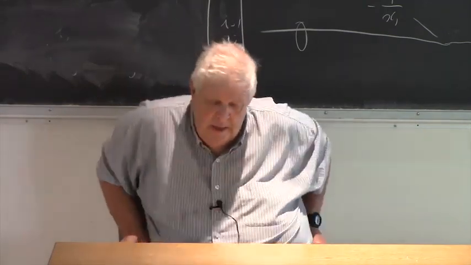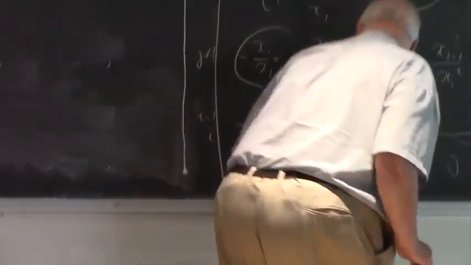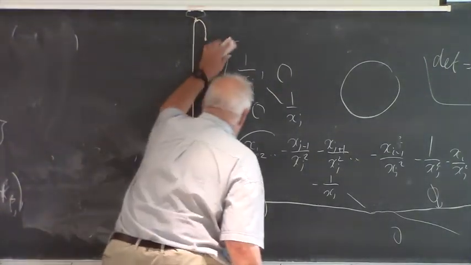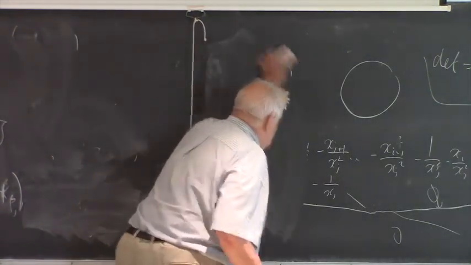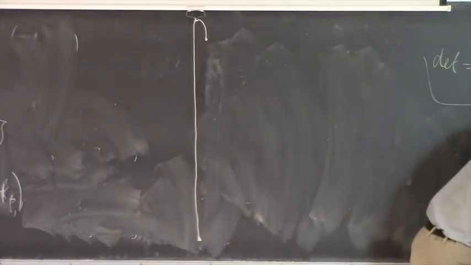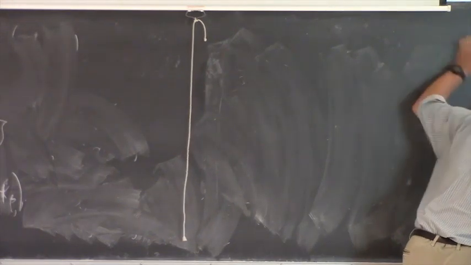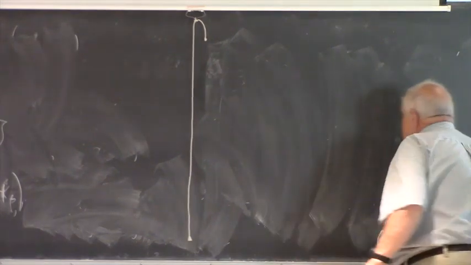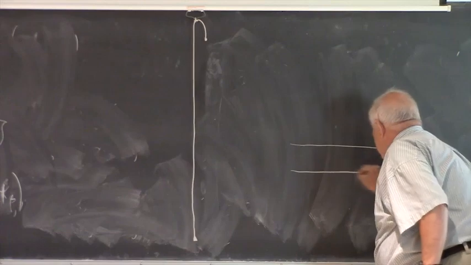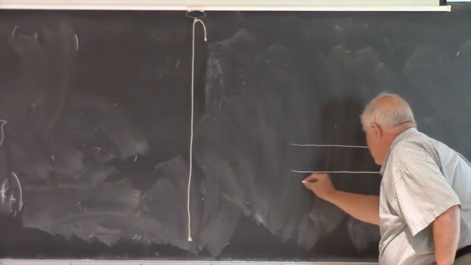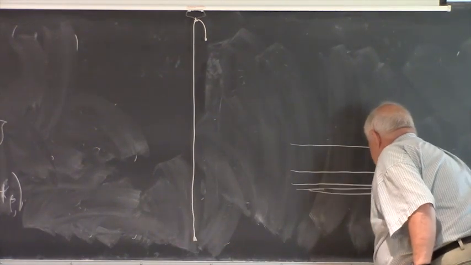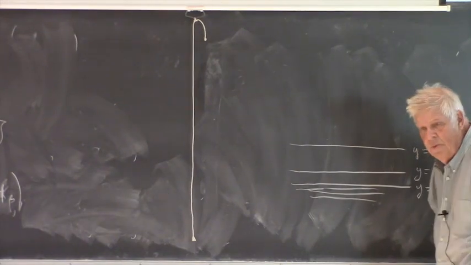Now suppose that we have a plane, this blackboard, and a set of parallel lines. Y is 1, and so on. Actually, there will be two possibilities.